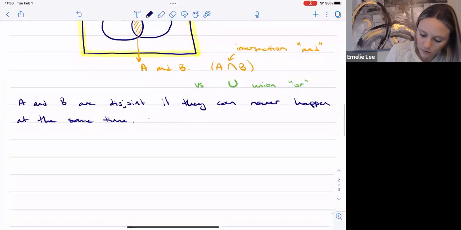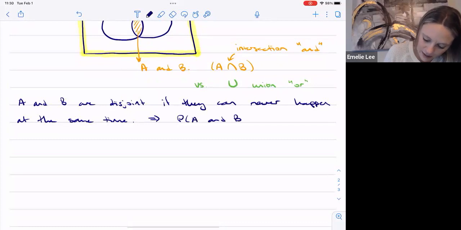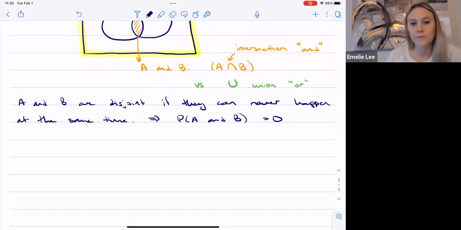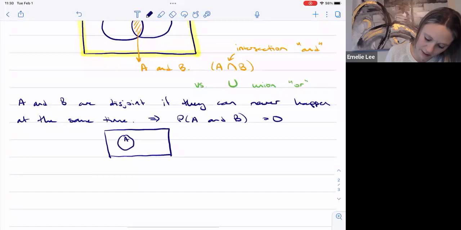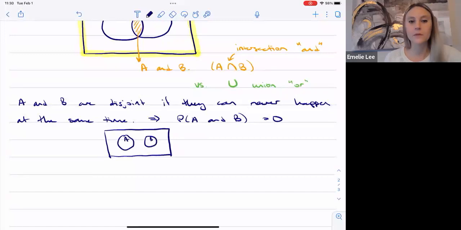Okay. Which means what? The probability of A and B is 0, right? And visually, it would look like this. You've got your sample space, you've got A, and then you've got B.